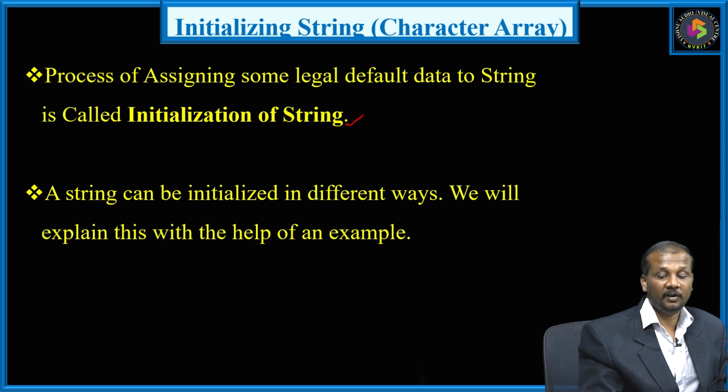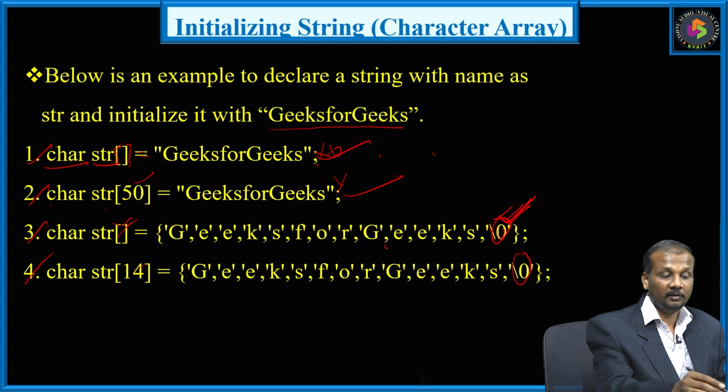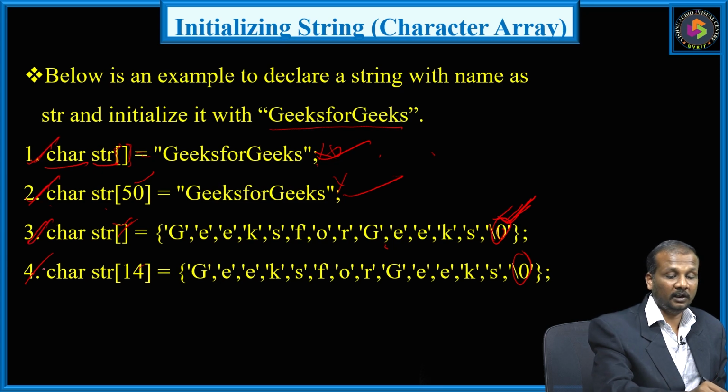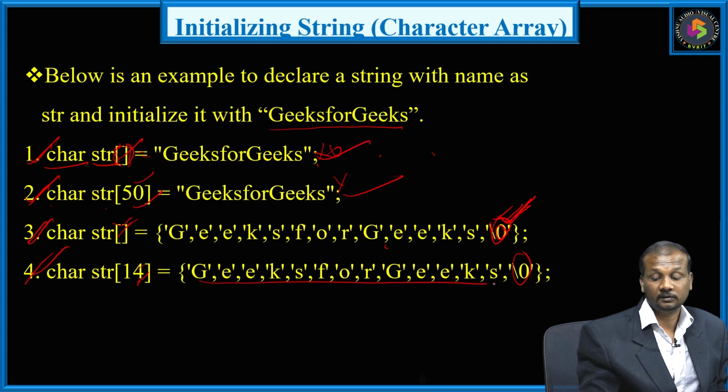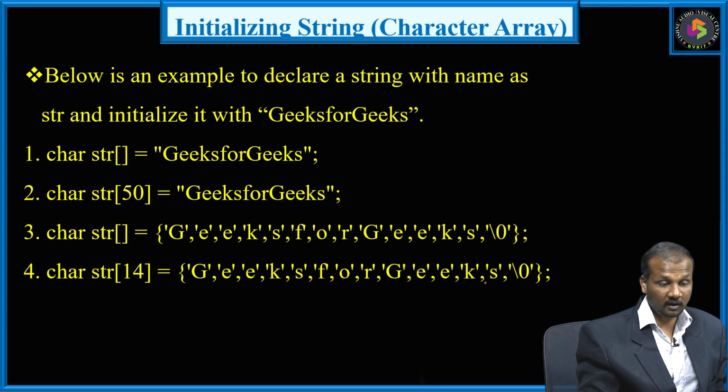A string can be initialized in different ways. We will explain with the help of an example. Here are 4 types. In some you mention the size, in one you do not mention the size but declare the individual characters, which must end with a null character. Now char str[14]: we declare the size as 14. This is also initializing a string.